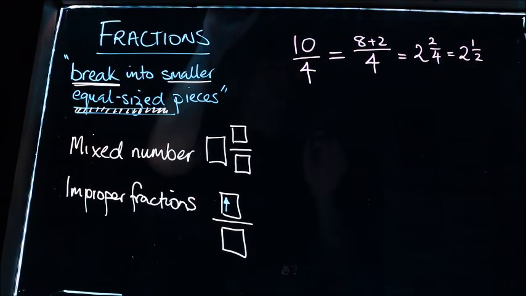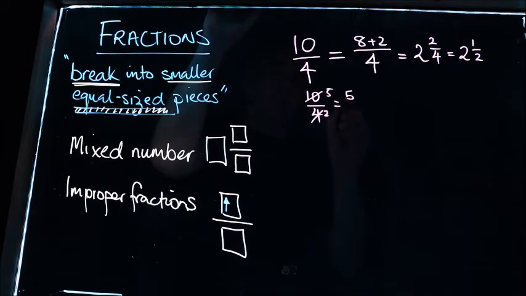What I normally do, I pause there because I look at this as 10 over 4, and I see an opportunity to simplify before I do the work. And I can see 2 is a common factor, and 2 goes in here twice and goes in here 5 times. So I've still got another improper fraction, but it's simplified.